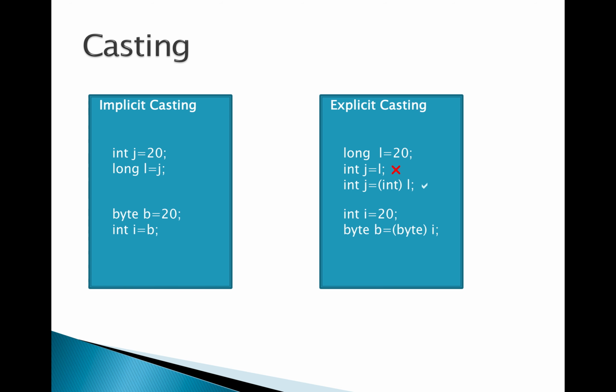The 1000 will be squeezed into a number allowed by the byte representation, which is minus 128 to plus 127. So the programmer should explicitly do the conversion if he's trying to put a bigger value into a smaller container.